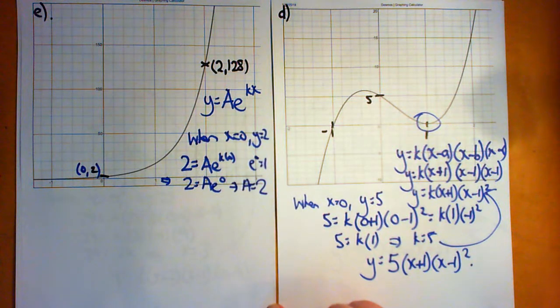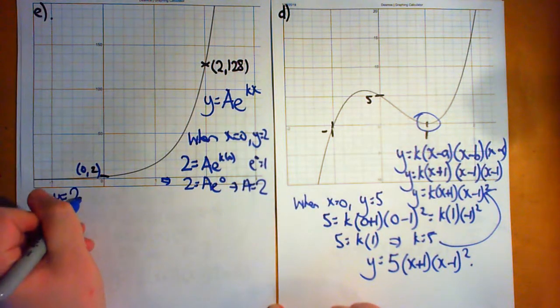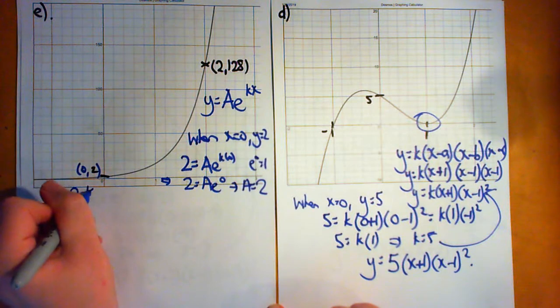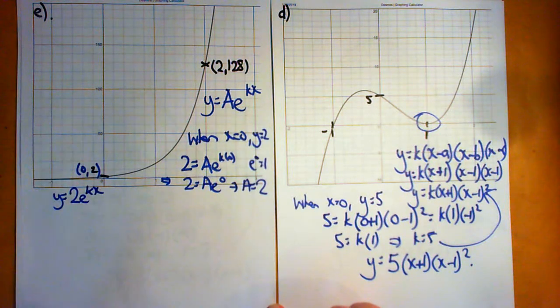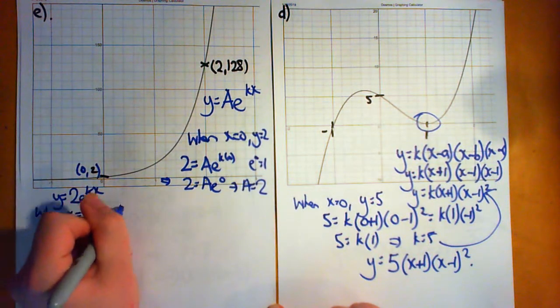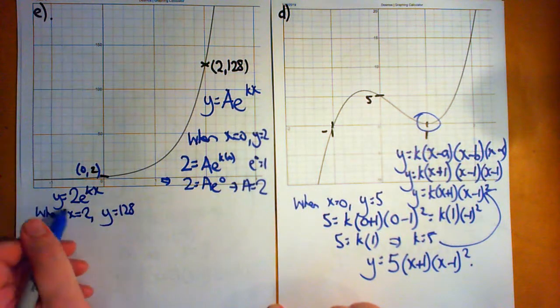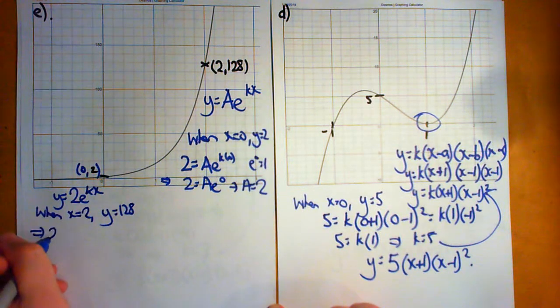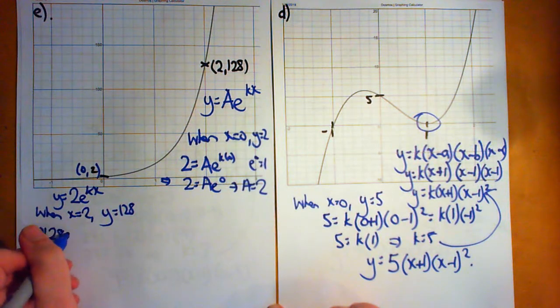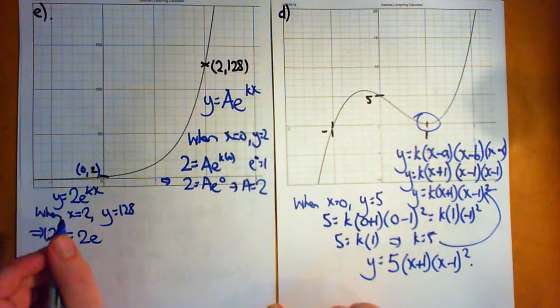Okay, so far so good. We already have the value of a, so we now know that y equals 2 e to the kx. And we have one other point that we can use. When x equals 2, y equals 128. So if we substitute that point in, 128 equals 2 times e to the k times x, which is k times 2.